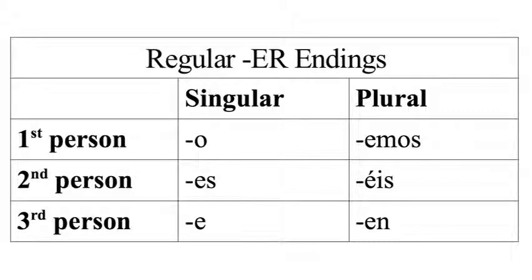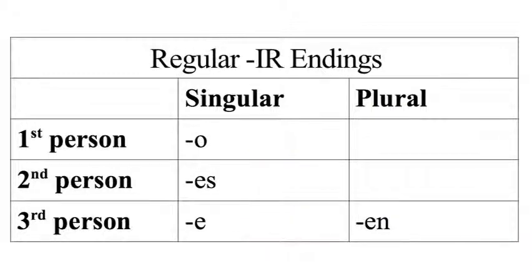Take a look. Here are the regular present tense endings for an ER verb. O, es, emos, és, and en. Now, all you have to do is copy the yo, tú, él, ella, usted, ellos, ellas, and ustedes forms right over to the IR verb. For IR, you have o, es, let's skip nosotros and vosotros for a second, and then last you have en.